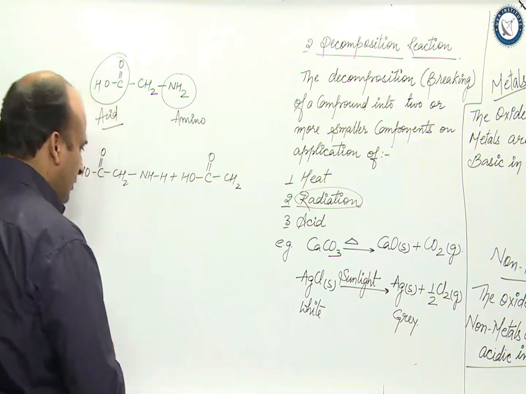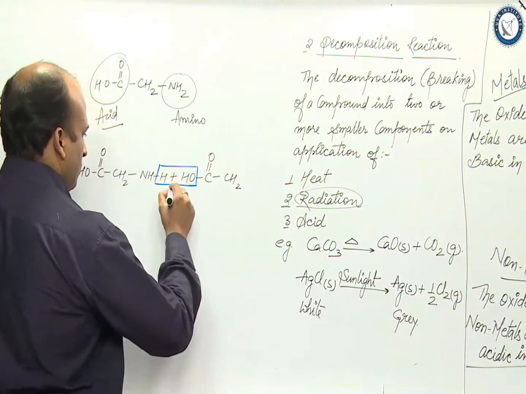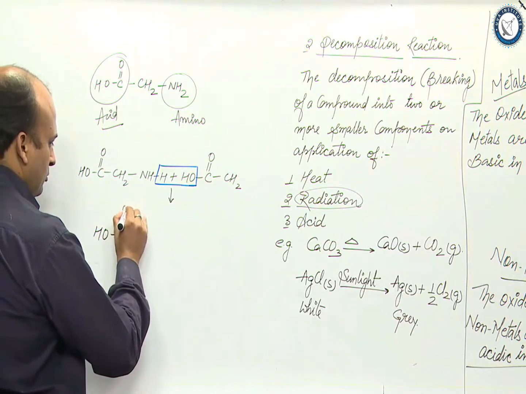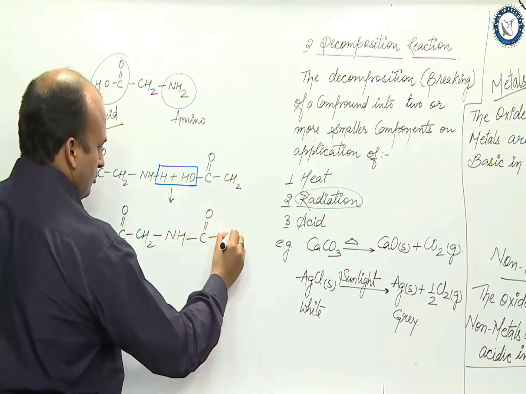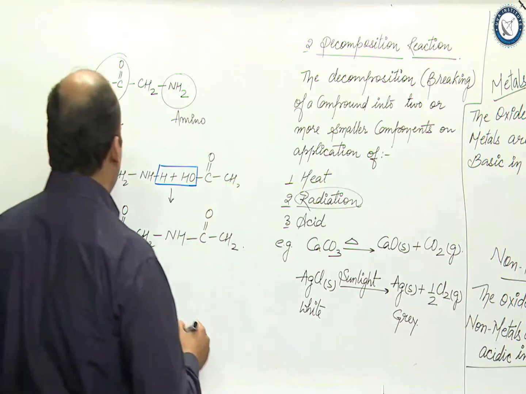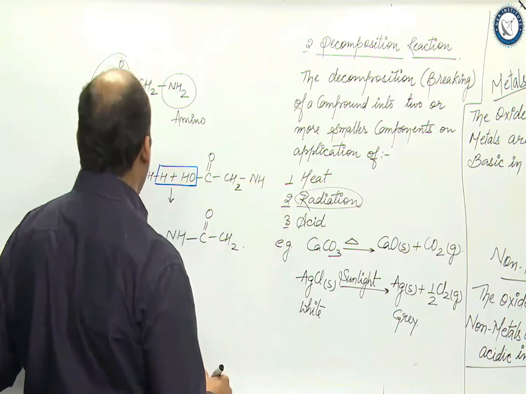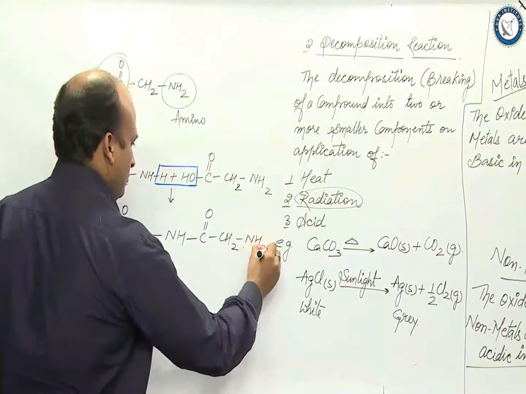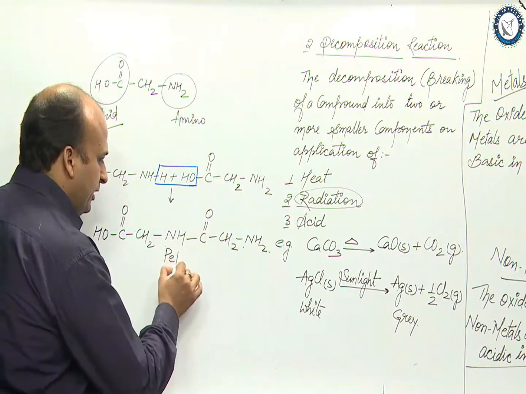Now what happens is that this H2O moves out, resulting into the formation of this particular compound. ऐसे, ठीक है, फाइन. दिस बॉन्ड विच इज फॉर्म्ड ओवर हेयर इज टर्म्ड एज पेप्टाइड बॉन्ड.